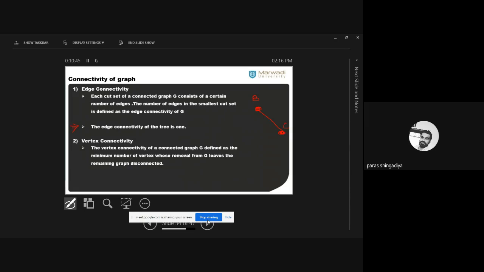So B and C means there is no partition of the graph. B and C are still connected there. There is no two partition you will get after deletion of the vertex A. It is only one part, so for A it is not possible to make the graph disconnected.